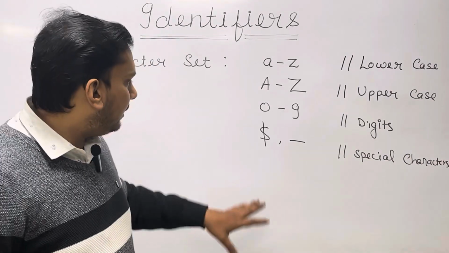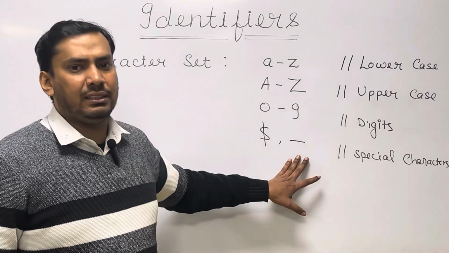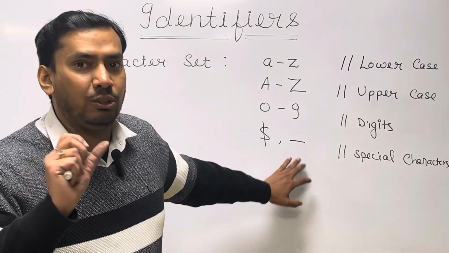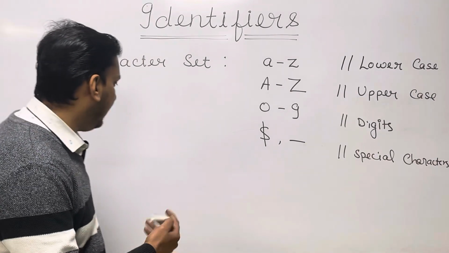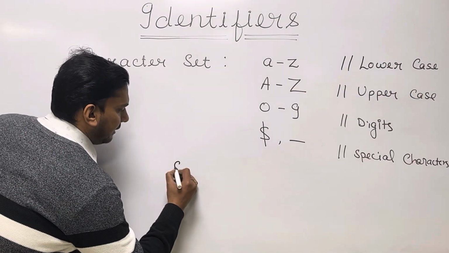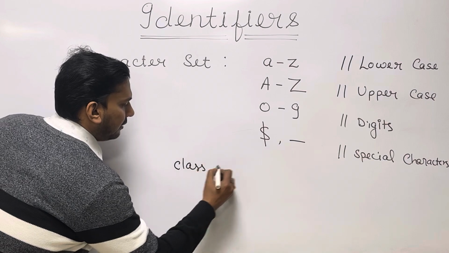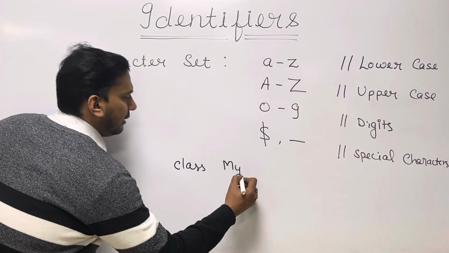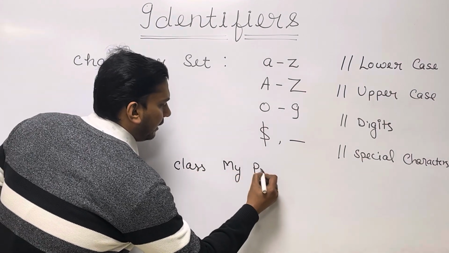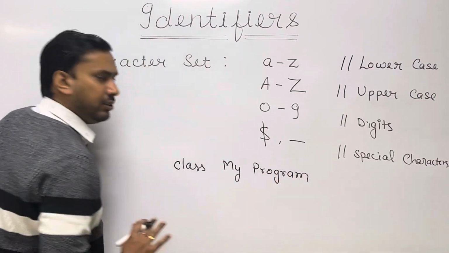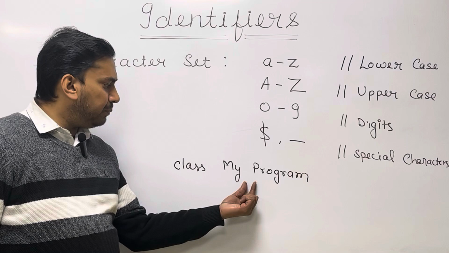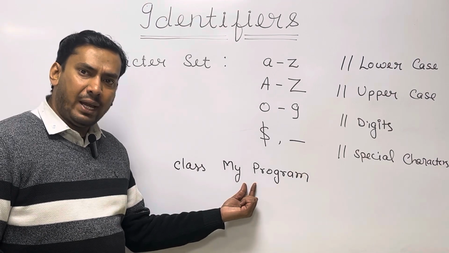As I have already said, no other special character is allowed, which means space is also not allowed in an identifier. If you write something like this, class my space program, this is a compilation error. This is not allowed. Why? Because space is not a valid character.